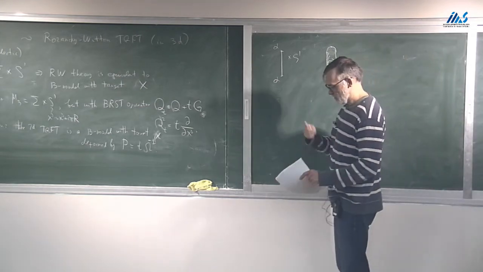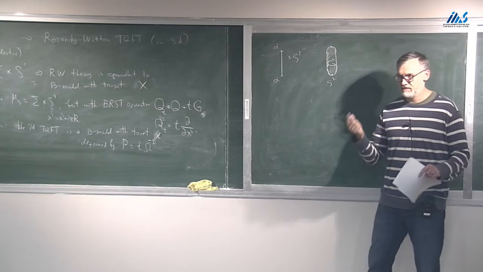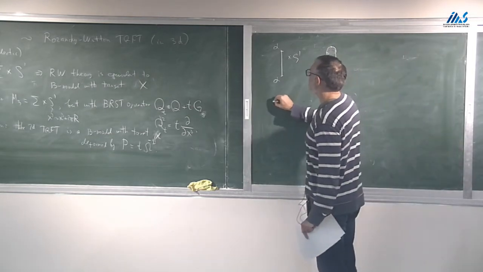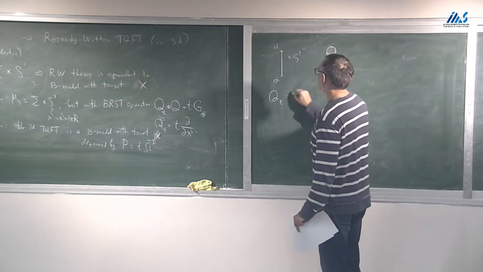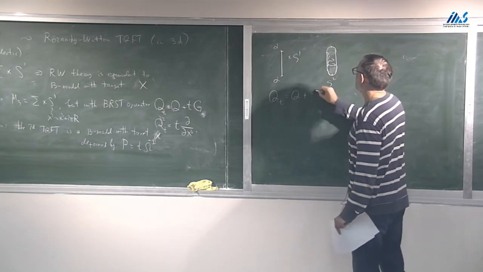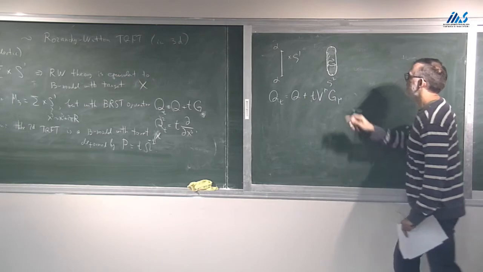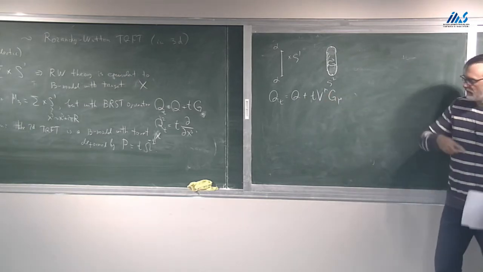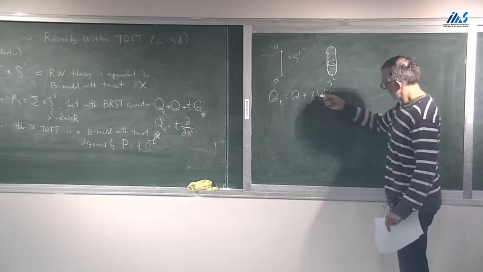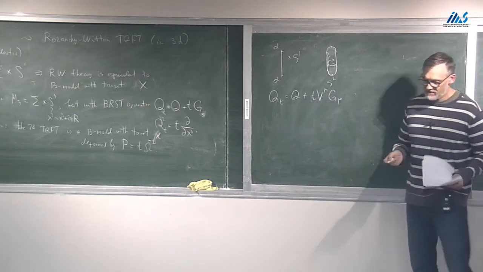So we take S2, take a vector field which runs along the parallels of the sphere, and we define QT to be simply Q times T V mu G mu, where mu is the chosen vector field on the sphere which runs along the parallels.